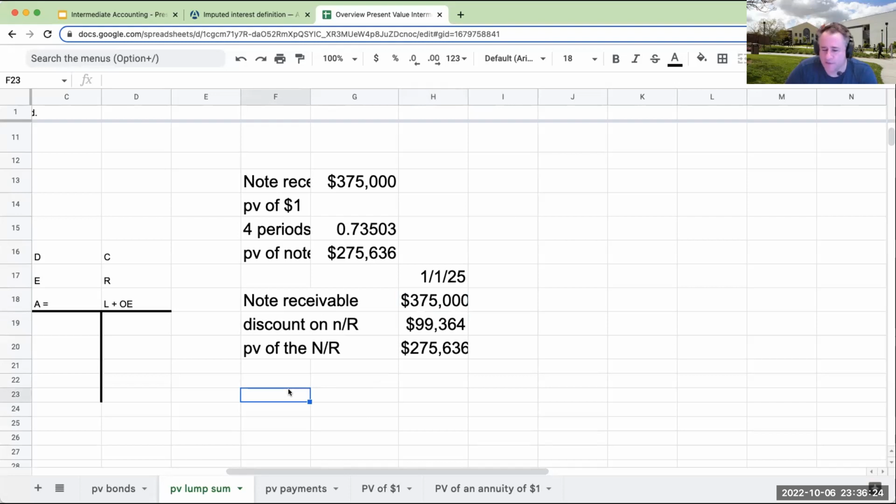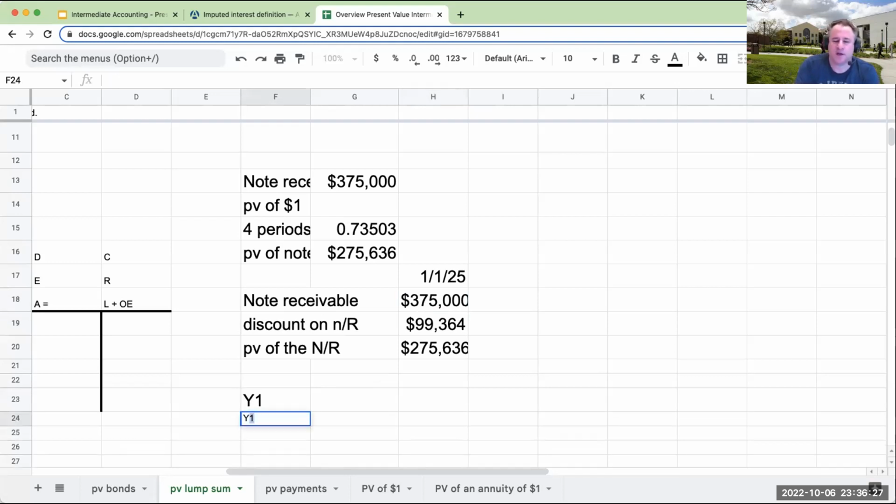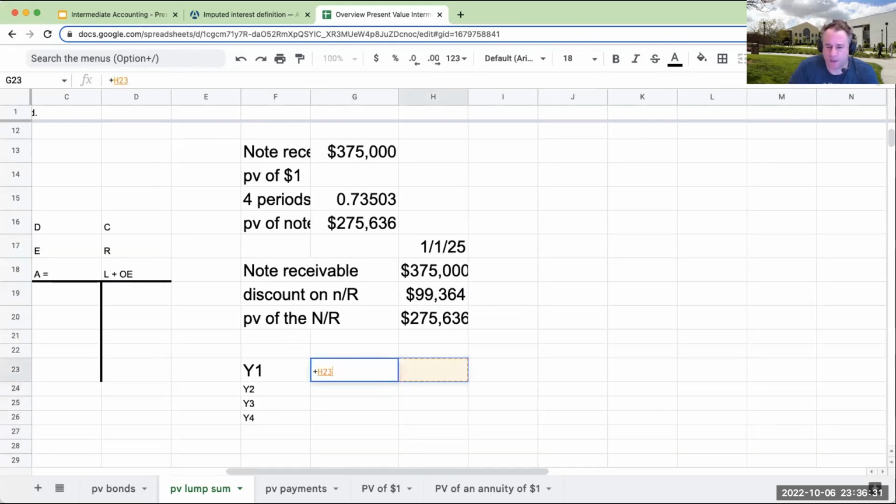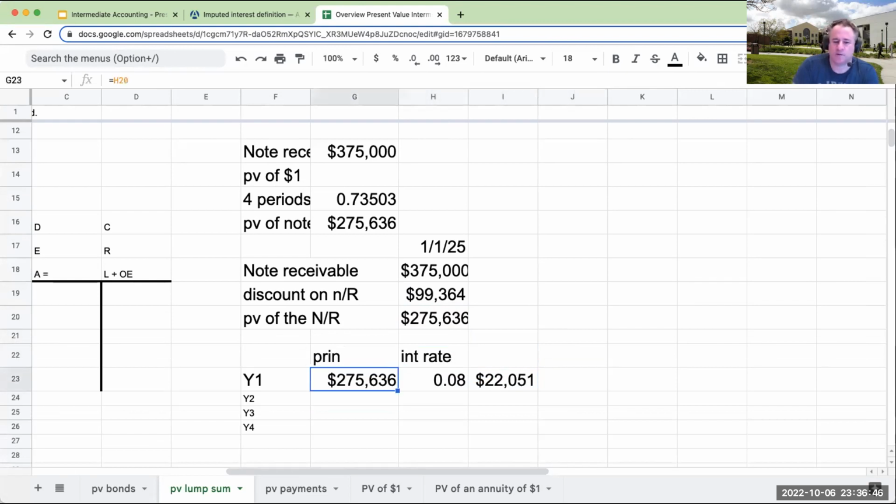It's going to be paid to me a few years from now. And the thought process behind this is that if I took this amount of money and reinvested it at 8%, in the first year I would earn $22,000 worth of interest. So this is the principal, my interest rate, and this would be the interest. My ending carrying value would be 297,687 if I'm reinvesting that interest.